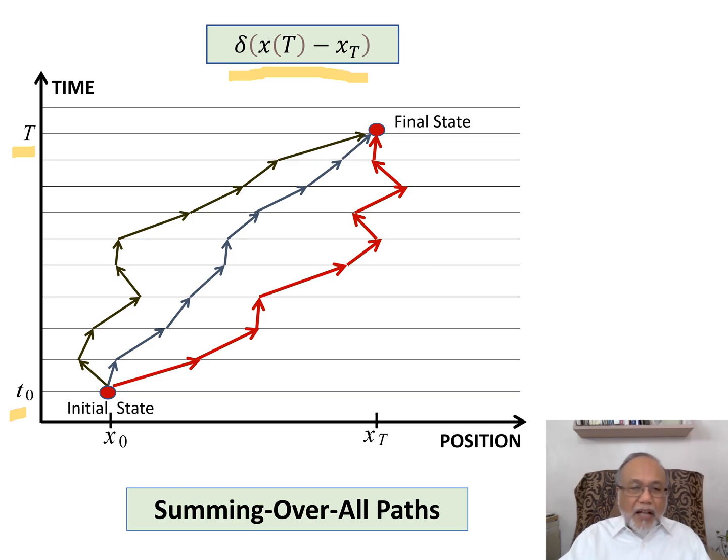All the other paths would vanish, and only those which end up at our chosen endpoint x sub t would survive. So we can sum over all paths to get the expectation value of this delta function, or the probability density function.